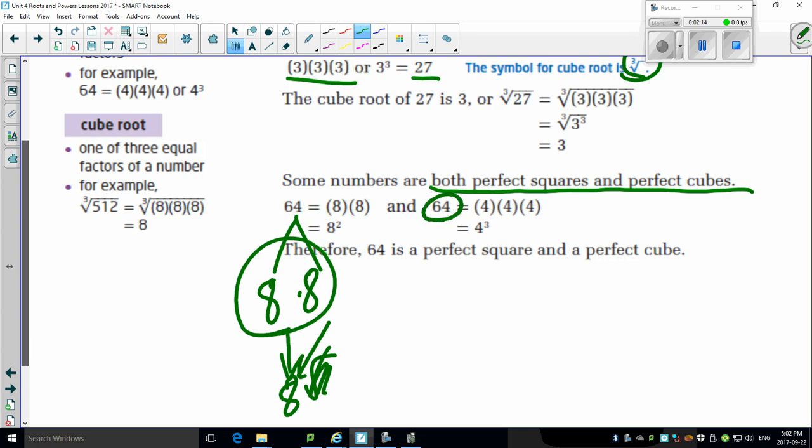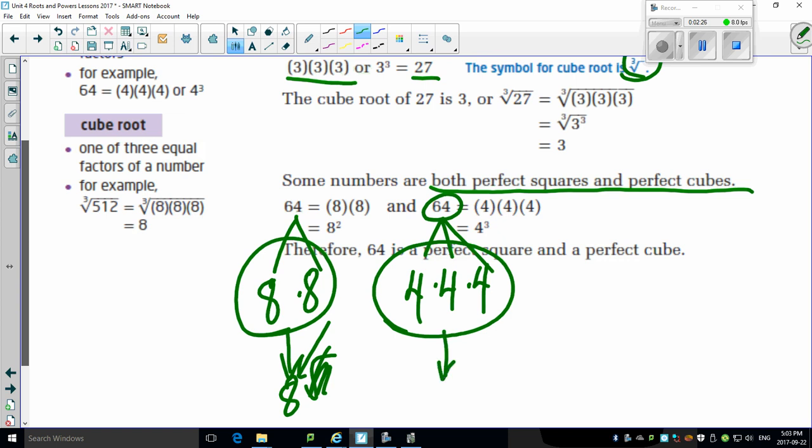But if you take 64 again and break it down, you'll find out something cool. That's 4 times 4 times 4. So when we're looking at cube roots here, you can take that one out and say, there's your triplet. Your triplet is 4, and what's left under the root sign? Nothing at all. So your answer can be 8 or 4. Some numbers can actually be perfect squares and perfect cubes.